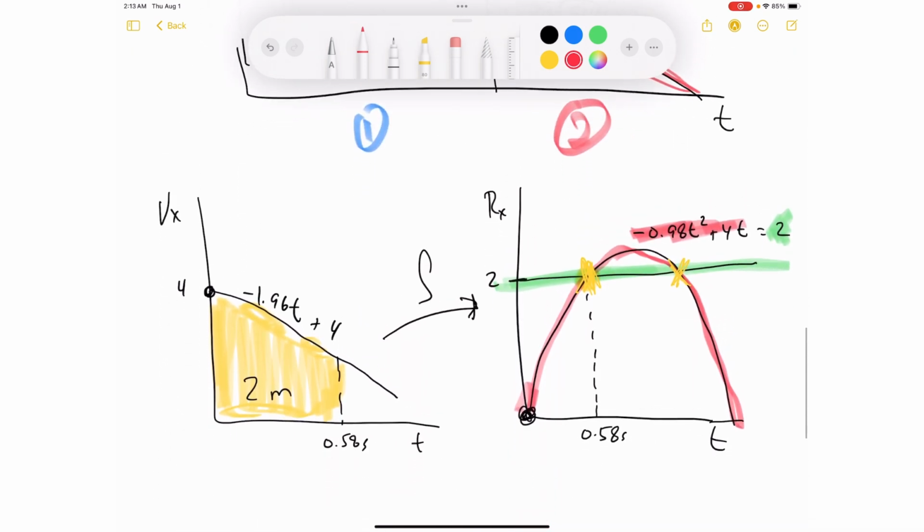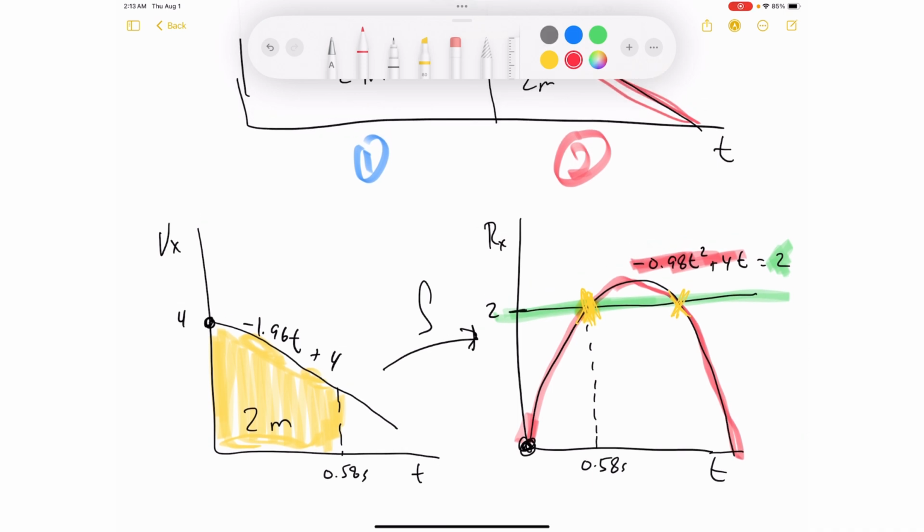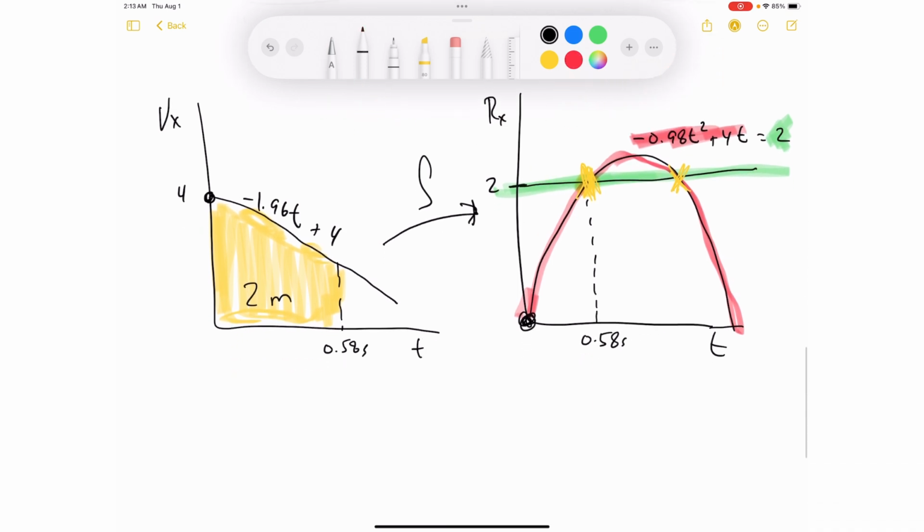Okay? So 0.58, let me just change this back to black. Basically you do this: the velocity as a function of time is equal to negative 1.96t plus 4. And you just pass in 0.58, right? You take this 0.58, you pass it in as the time, and what pops out is the velocity.